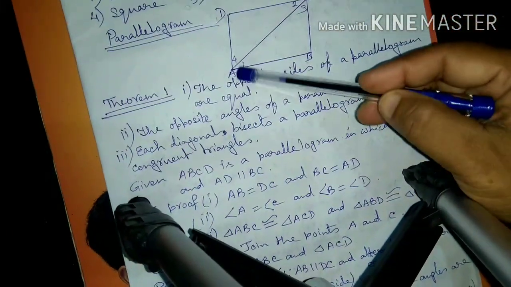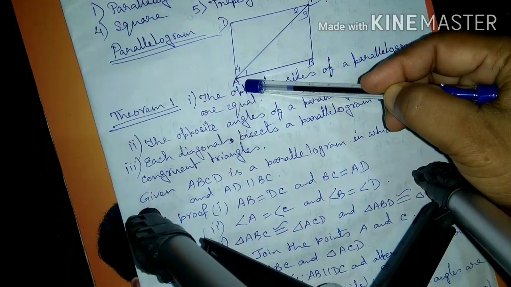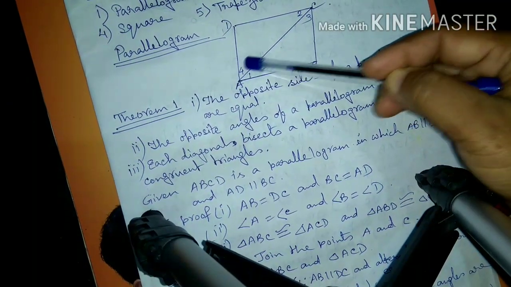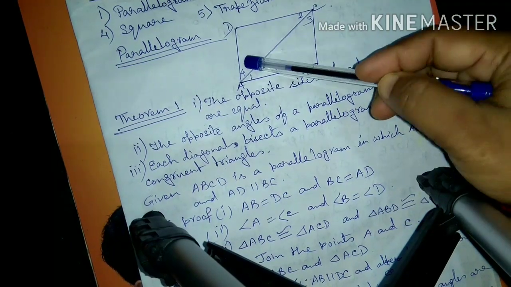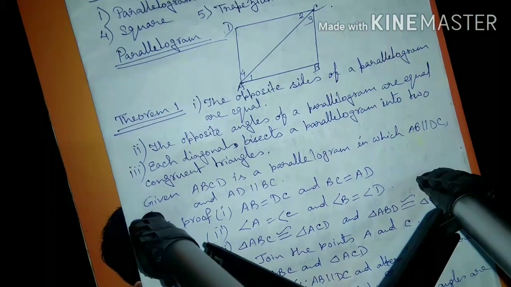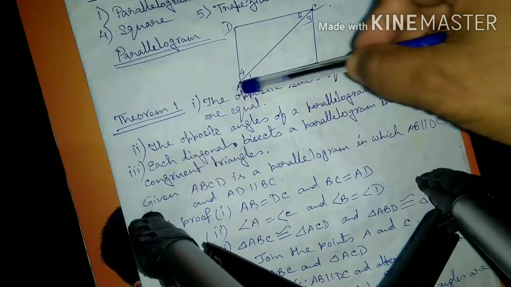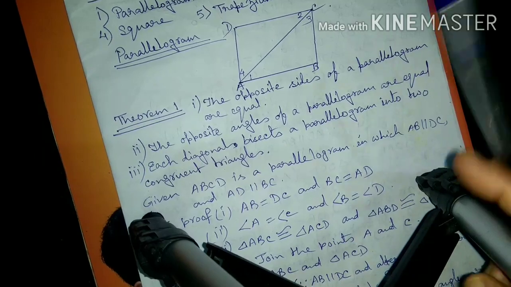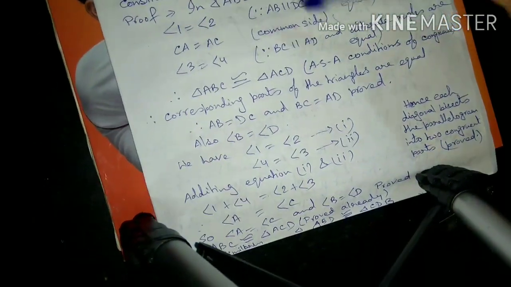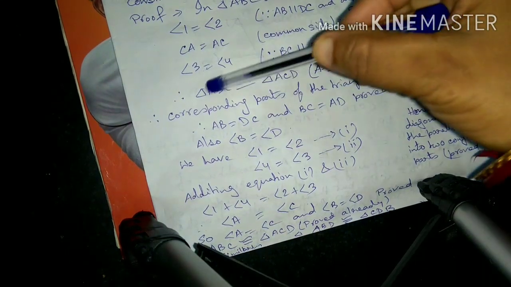You can see in the figure angle 1, angle 4 and this common side. So from the angle side angle condition we can say that triangle ABC is congruent to triangle ACD. Alright.